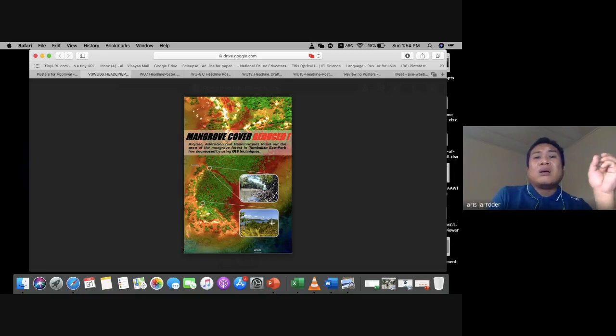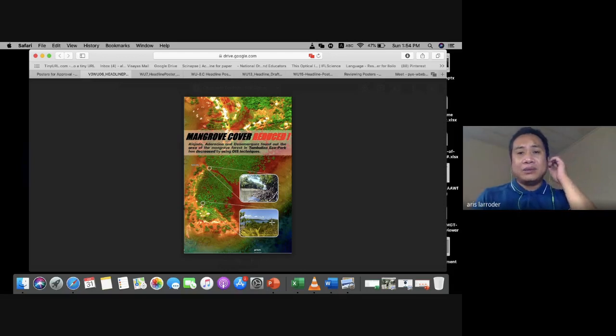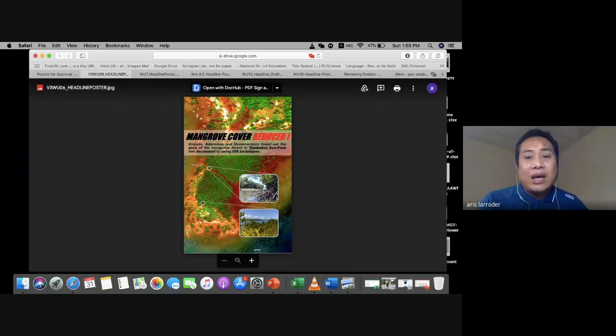So can you at least show to us how the reduction happens over time? And then they might be interested more of the methods by which you used. So just present it. I mean, what is newsworthy about the reduction of the mangrove cover? Is it a fast degradation? Something like that. But I love the picture.